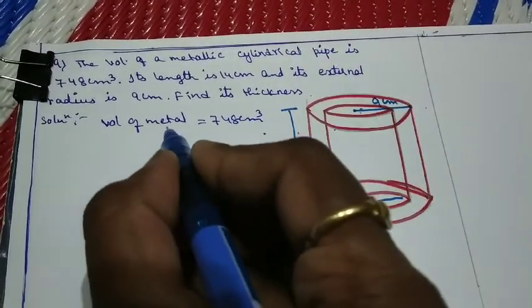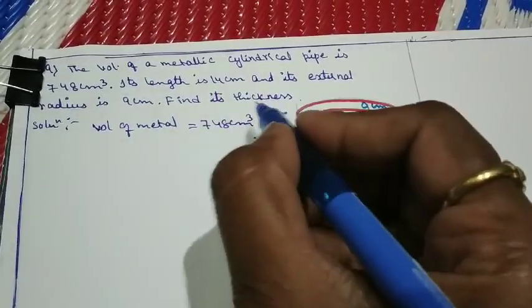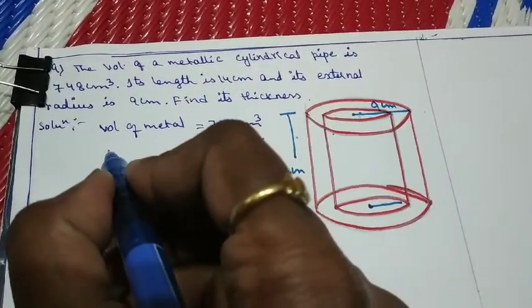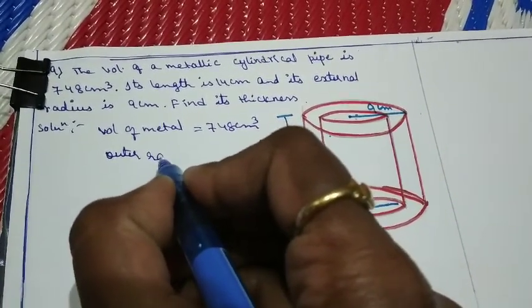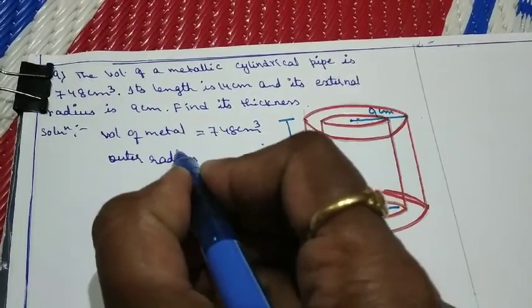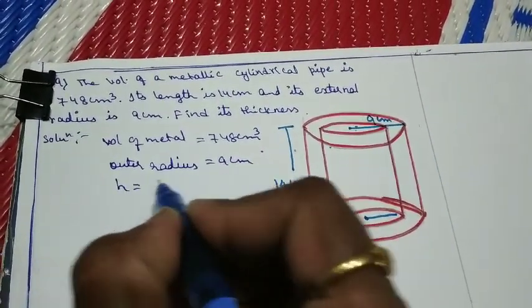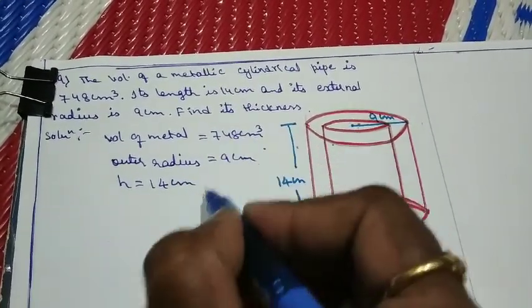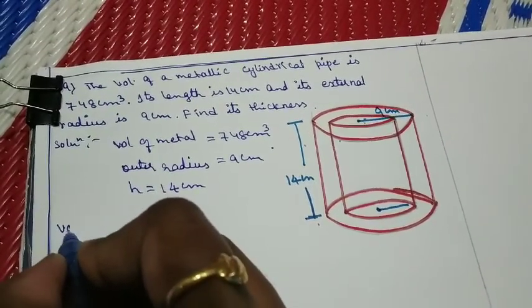That is volume of metal used to make this hollow cylinder with the thickness. So here given external radius, means outer radius, equal to 9 centimeter, and the length of cylinder is given, which is nothing but height, 14 centimeter. All the units are same, which are in centimeter. No need of conversion.